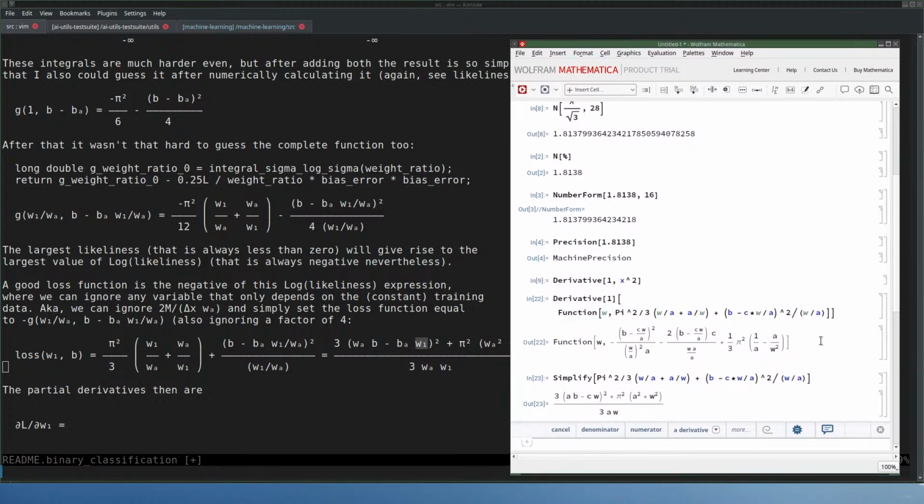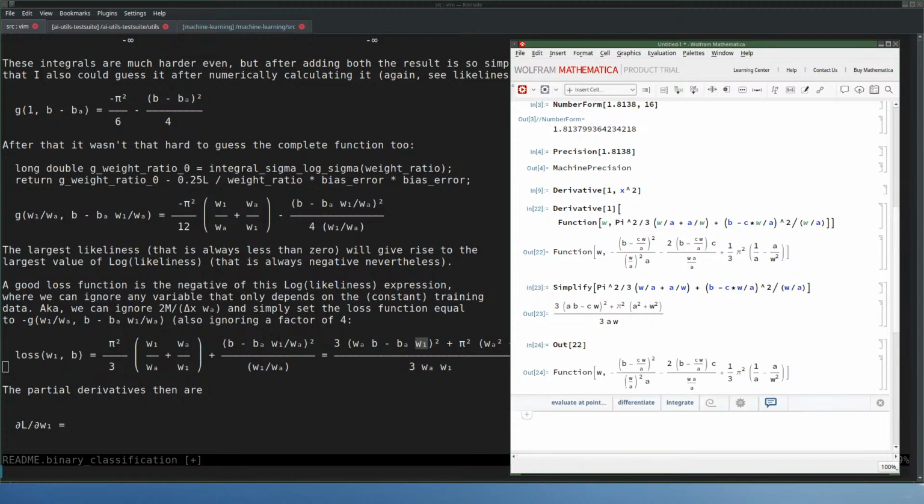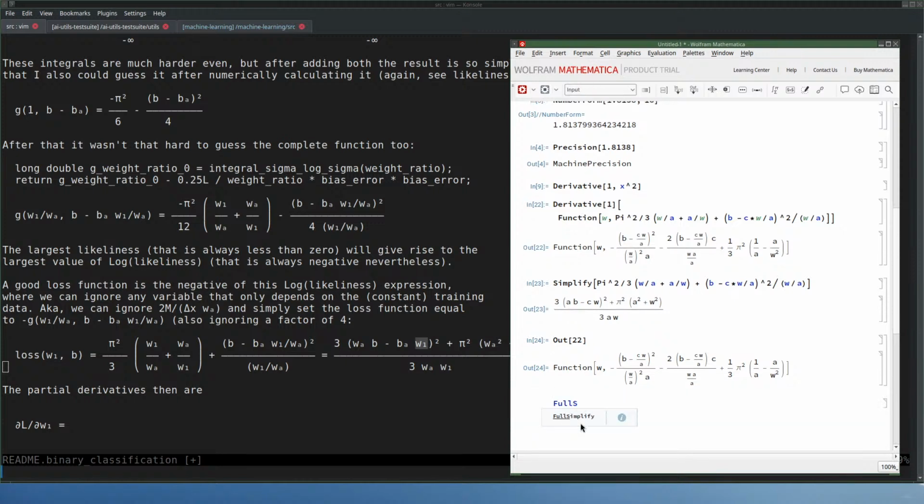Anyways, that's quite a mouthful here. Can you use out22 as a verb? Totally. Full simplify out22.